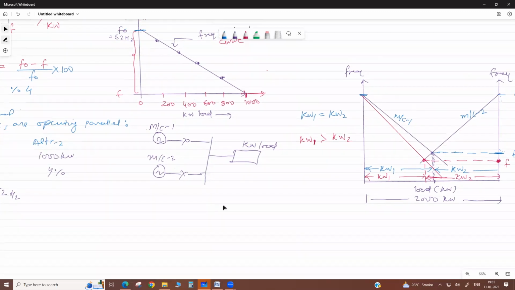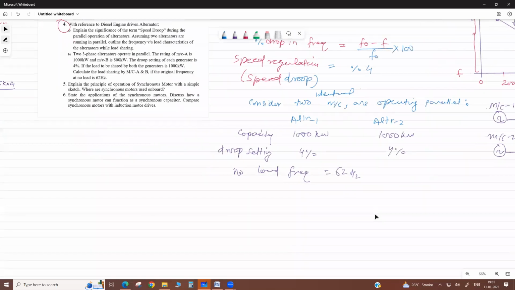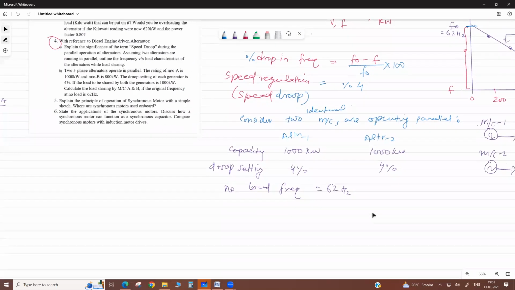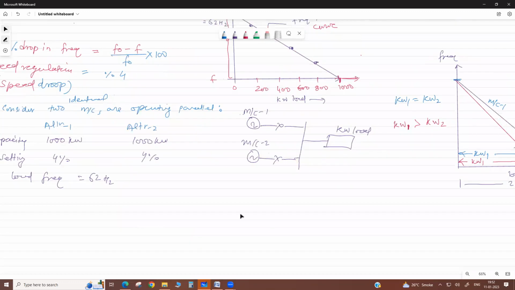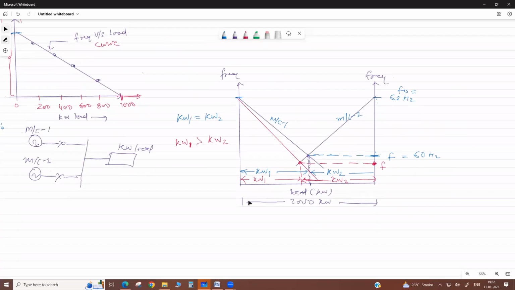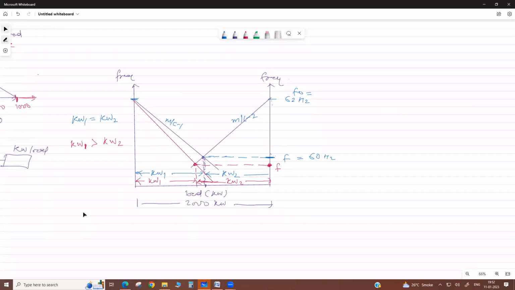So this is the speed droop and the significance of the droop setting when two machines are operating in parallel. Correct? When the speed droop setting of machine 1 is increased, it takes less load.